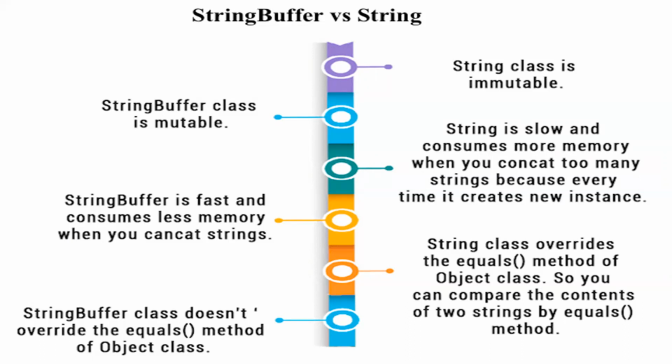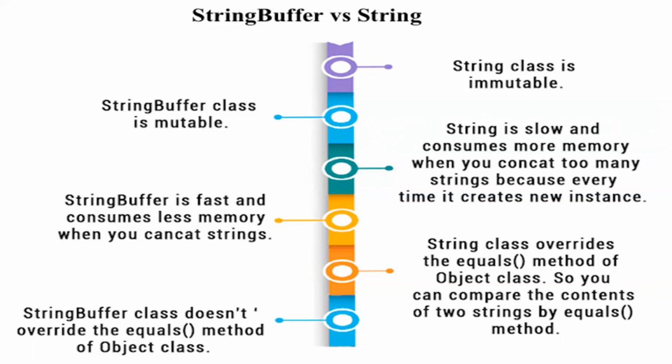Concatenation means adding two strings. Let us consider there are 10 strings. First string is ant, second string is bat, third string is cat, fourth string is dog, and so on. I want to concatenate all the strings.